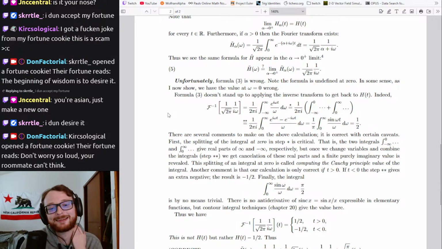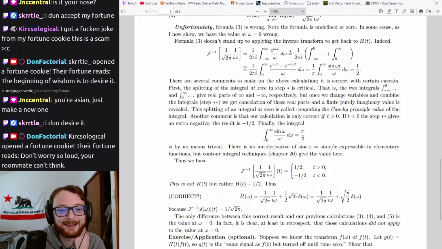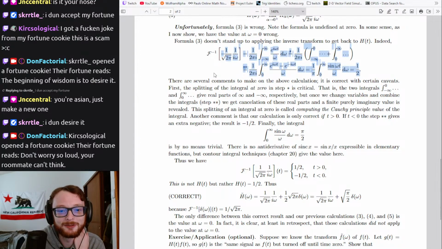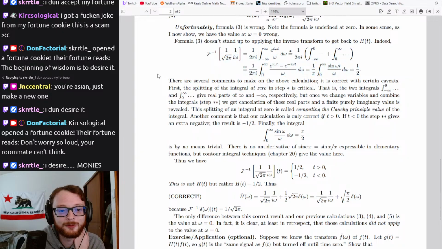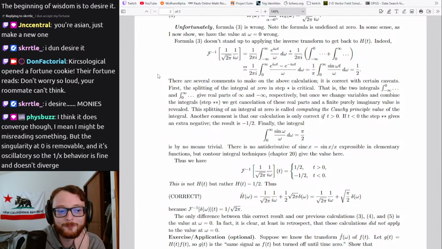Oh my god. So yeah, I was copying this work here, which is for the Heaviside function, but I figured it was close enough. The Fourier transform for the Heaviside function. Really, Fizzbuzz?